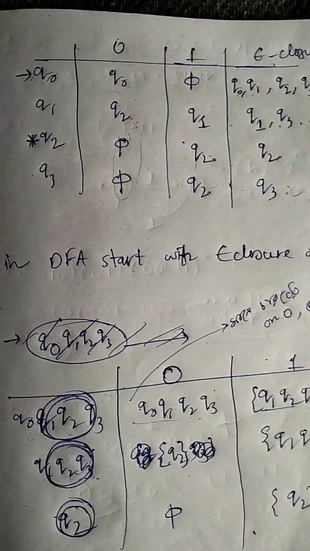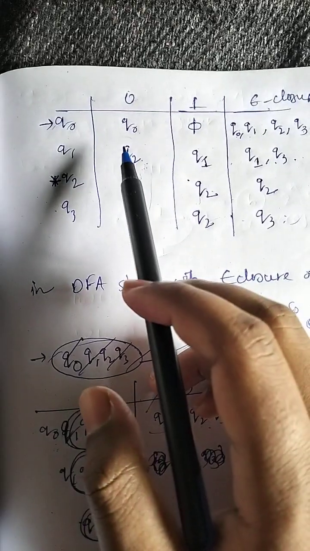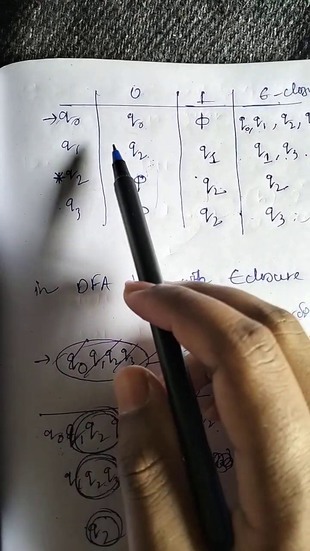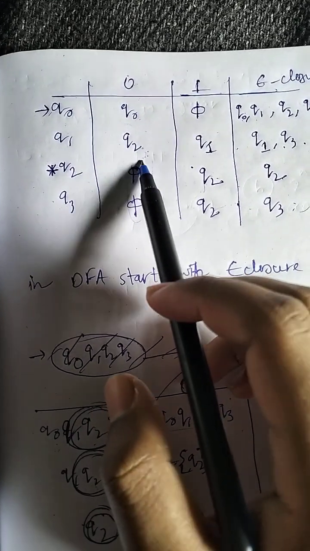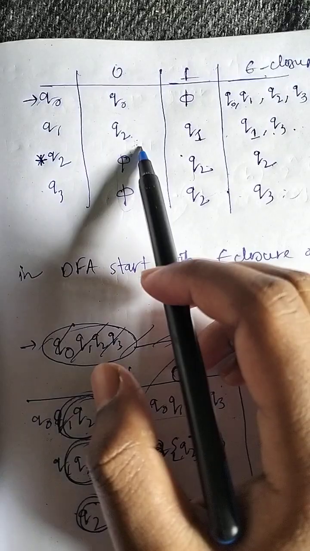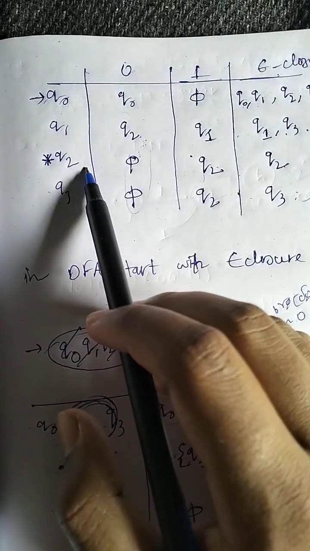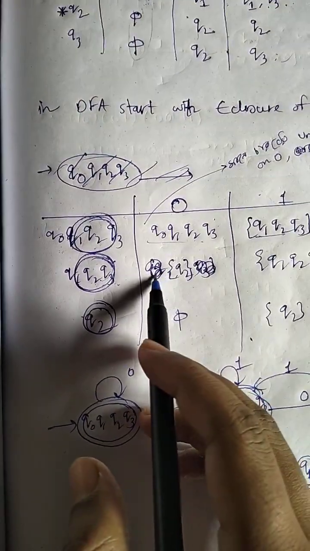Okay, so let's start again. We are taking the union of Q1, Q2, Q3 for input 0, so we get Q2 only, and now it's time to find the null closure of Q2. The null closure of Q2 is Q2 only, so we put Q2 only.